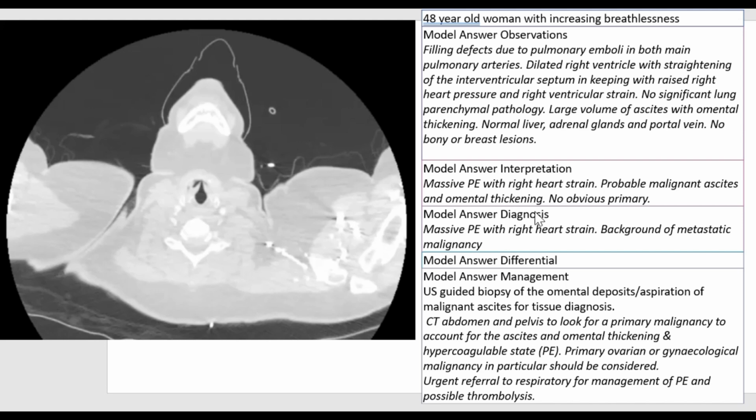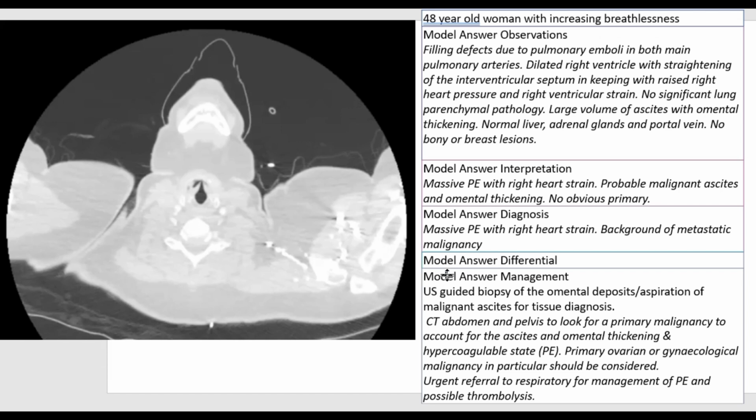So you can say that the diagnosis here is massive pulmonary embolism with right ventricular strain with a background of metastatic malignancy.